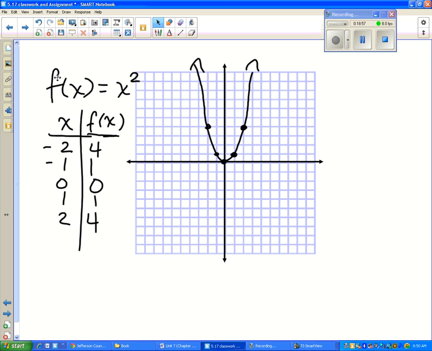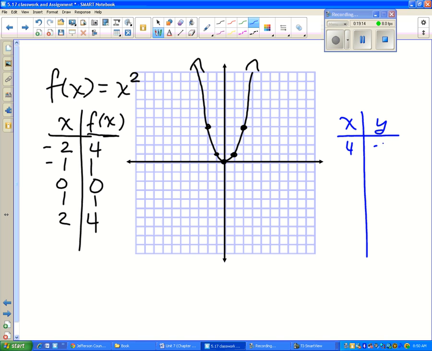Okay, remember, if this is my original function, if I wanted to do an inverse of it, what would be my x's and my y's? 4 goes with negative 2, 1 goes with negative 1, 0 goes with 0, 1 goes with 1, 4 goes with 2.